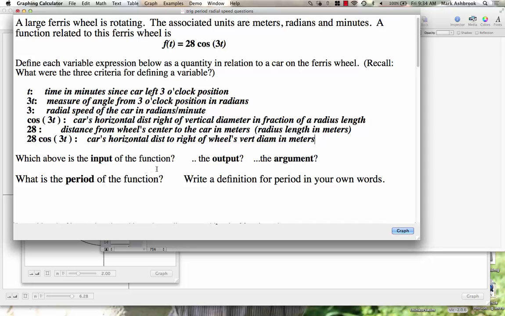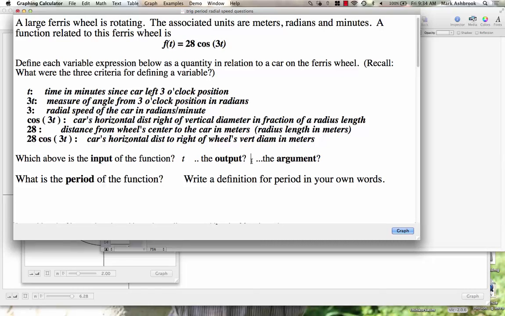Okay, what's the input? Which of these above is the input to the function, of all those things we just defined? Okay, I heard t, I heard 3t. The input of the function is t.